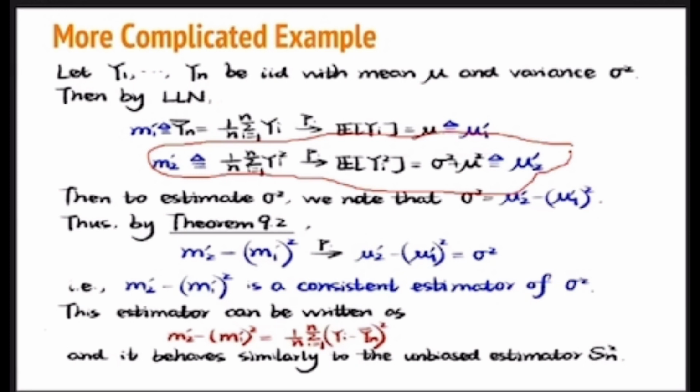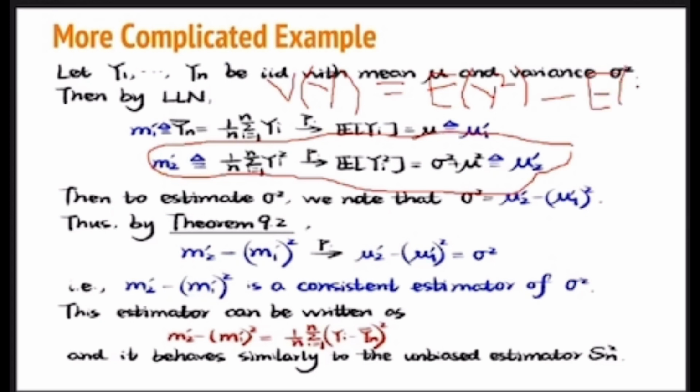And don't forget, the variance of Y from statistical theory is the expected value of Y squared minus the expected value of Y, all squared.